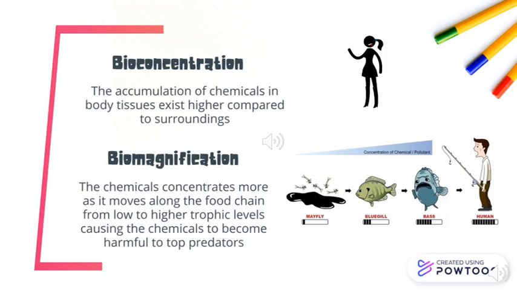For example, in the picture on the right, we can see that the level of toxin is higher as it moves across the trophic levels, with humans as the top predators.